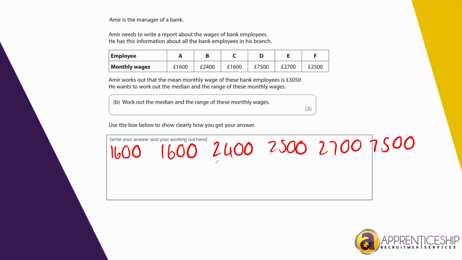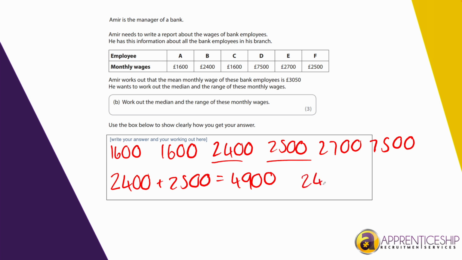Divide by 2 is 3.5. So the third and the fourth. So we add those together, which is going to be 2400 add 2500 is 4900. Divide that by 2, and we're going to get 2450.